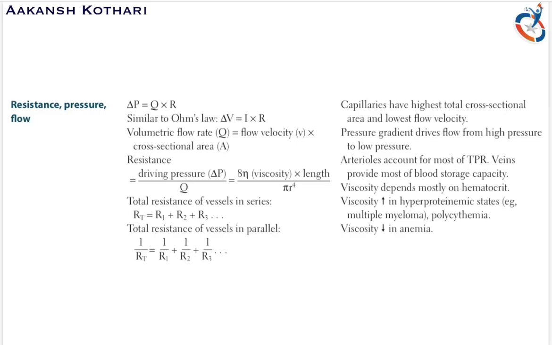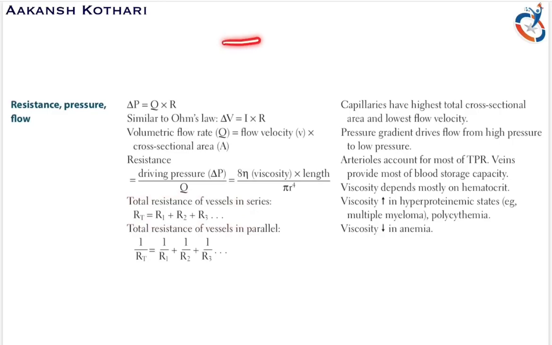Okay, now the flow rate is measured as flow velocity into cross sectional area. Okay, I'll come to this in a while, but let me just tell you how do we measure resistance. We always measure resistance that if two resistors are connected in series, we add them arithmetically, right?